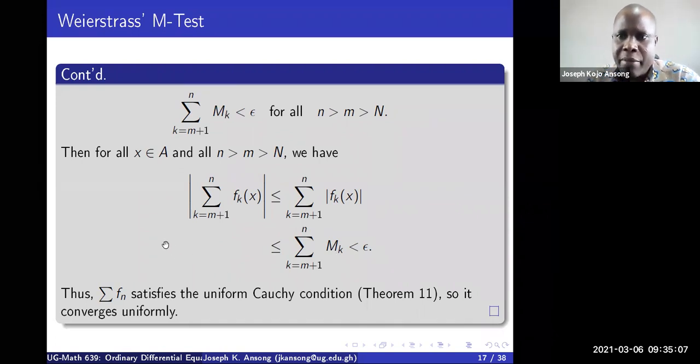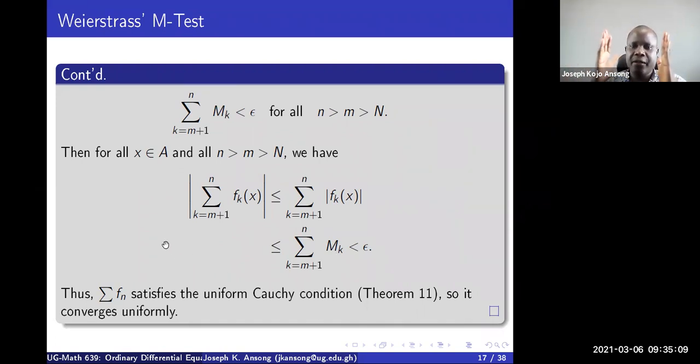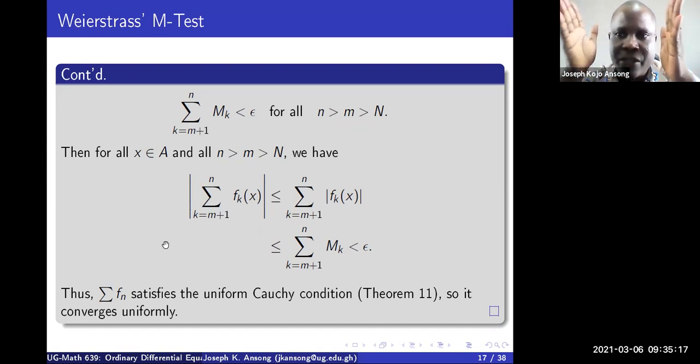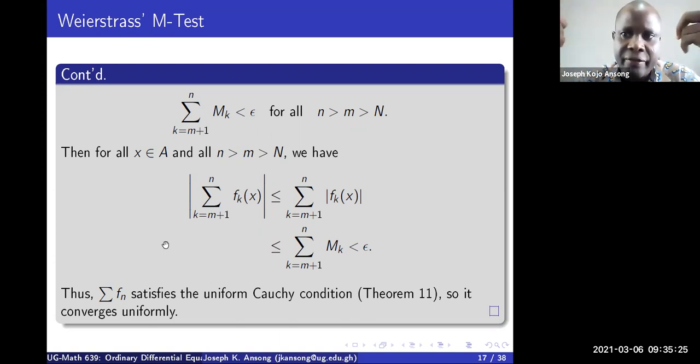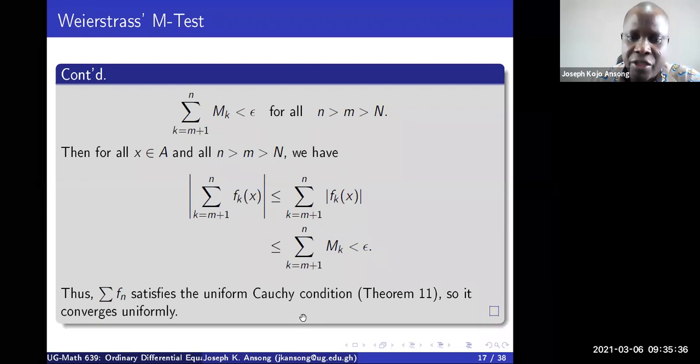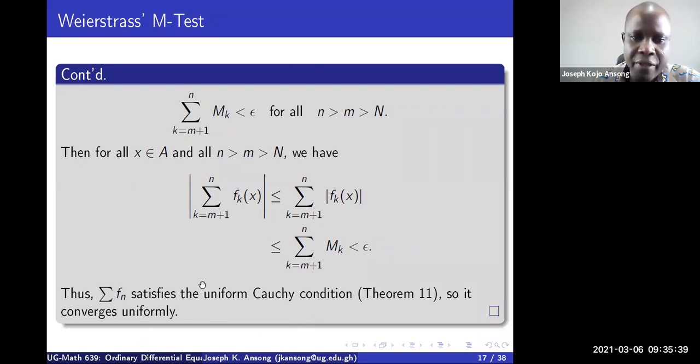Remember, the uniform Cauchy condition says that if the partial sum of a series of functions is bounded, then the series itself converges uniformly to some function. Here we have shown that the partial sum of these functions is less than epsilon. Therefore it satisfies the Cauchy condition, and so the infinite series converges uniformly to some function.